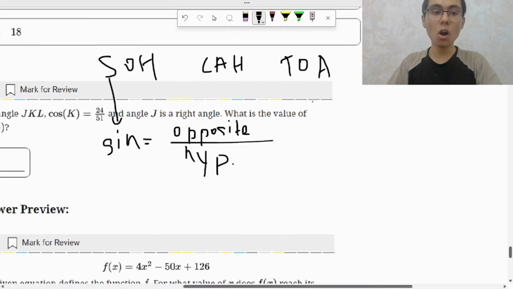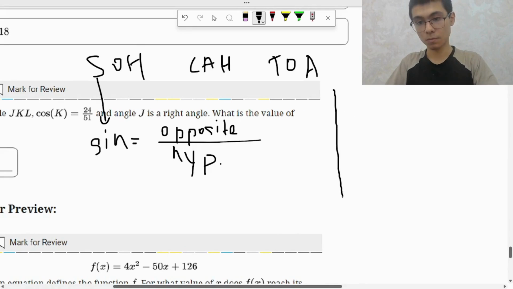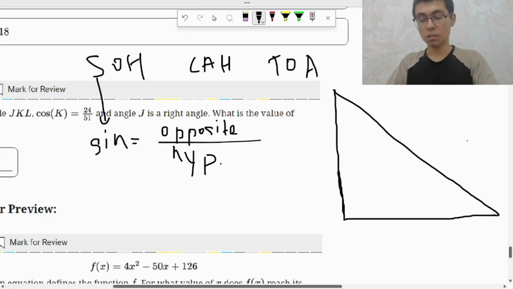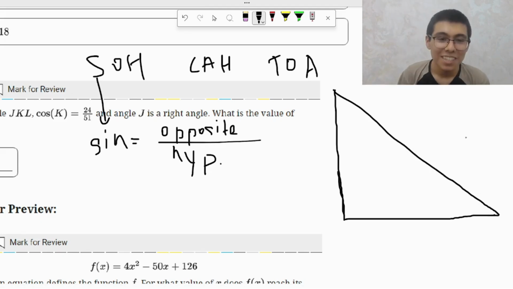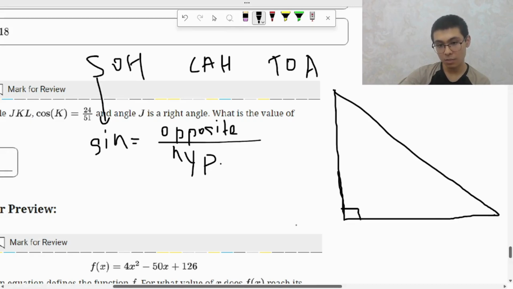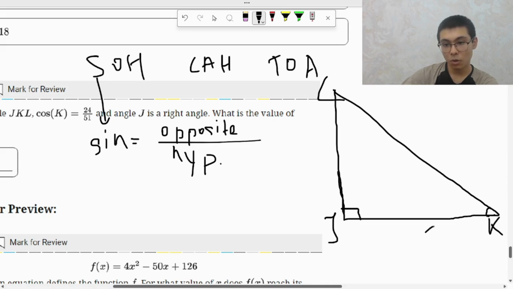Firstly, I'm going to draw the triangle here, trying to make it big enough. So angle J is a right angle, so here it's 90 degrees and it's J. And I have K and here L. So cosine of K, well, here we have it, is 24 and the hypotenuse is 51.